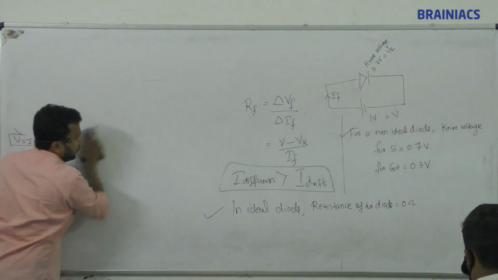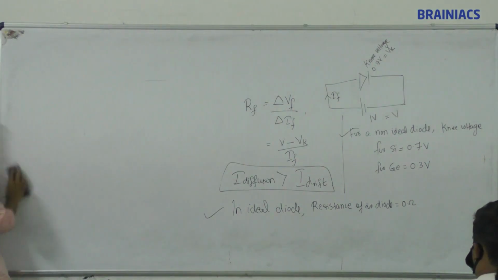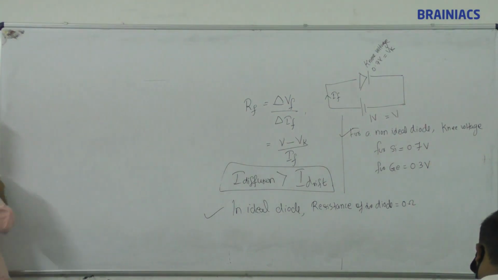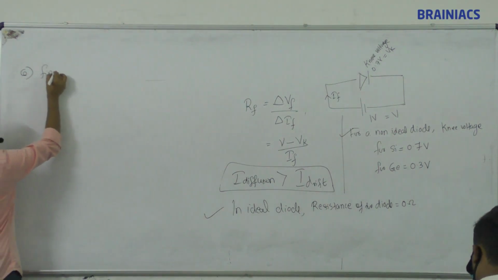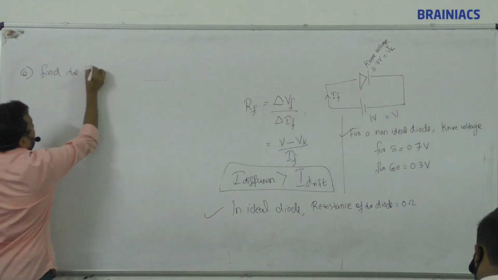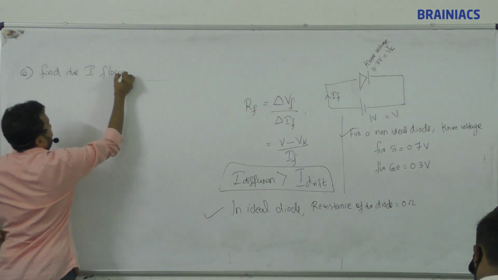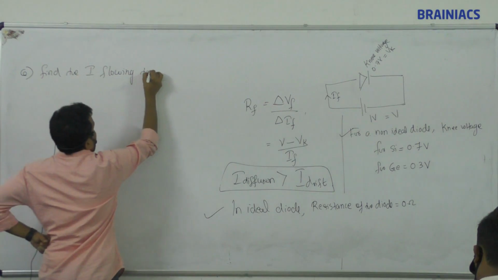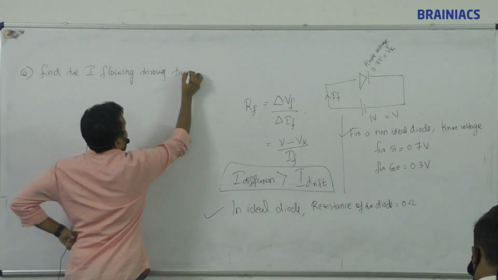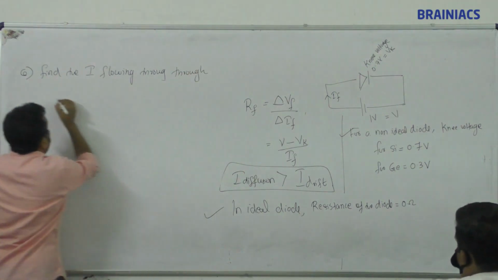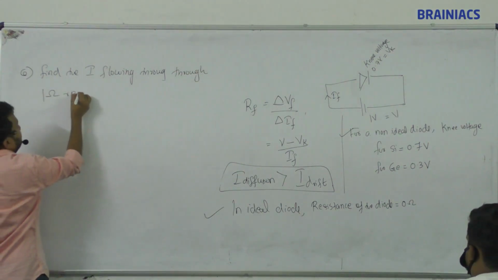So let's write one question. Find the current I flowing through the 1 ohm resistor.